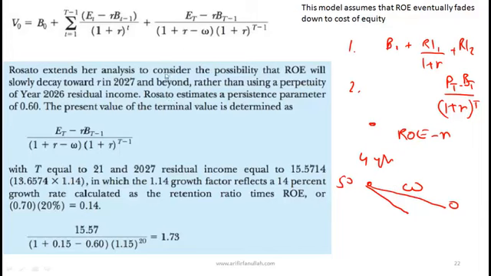So we are now going to enhance our formulas and talk about this curly W, which is a measure of how long or how quickly the ROE moves from its current value down to 0. And rather than getting too hung up with this, I just want you to learn the formula, understand the interpretation of W, and learn how to use the formula.